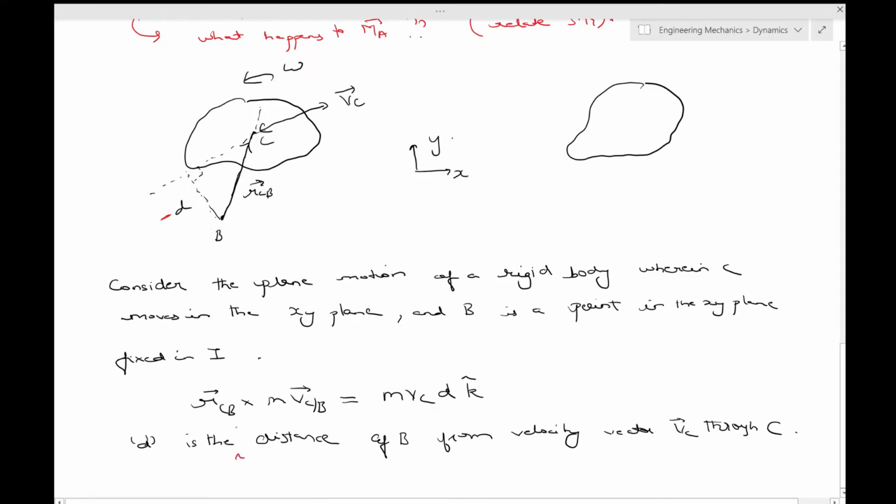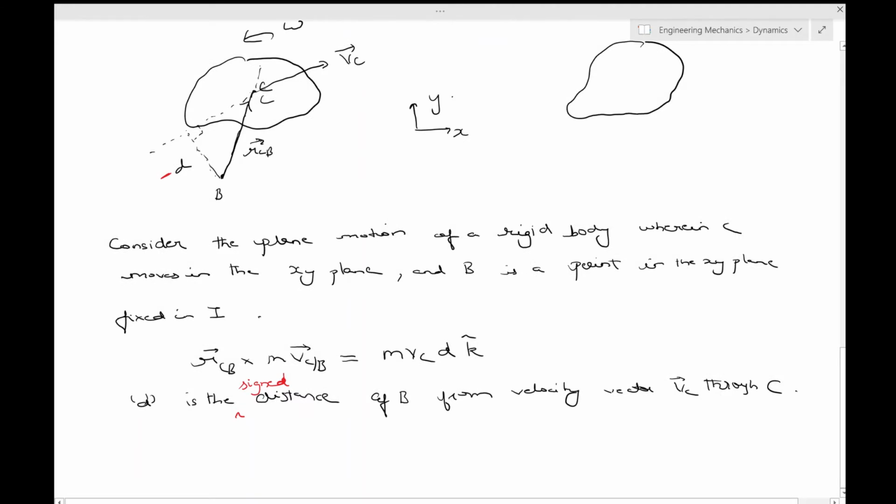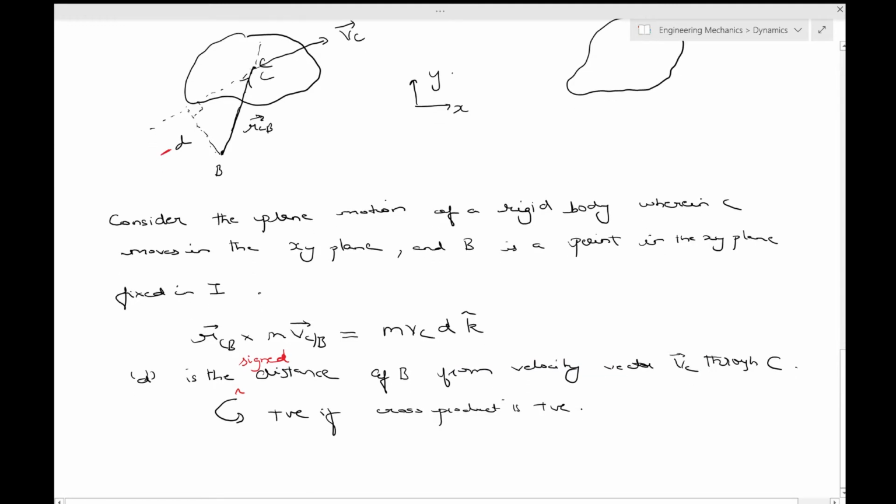So this is the signed distance. So the sign is really positive if the cross product is positive, and it's negative if this cross product is negative. Okay, so that's how we are writing it in this form.